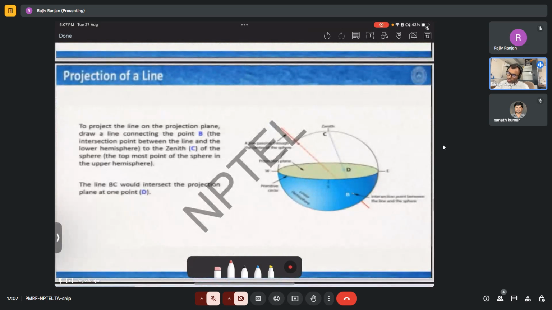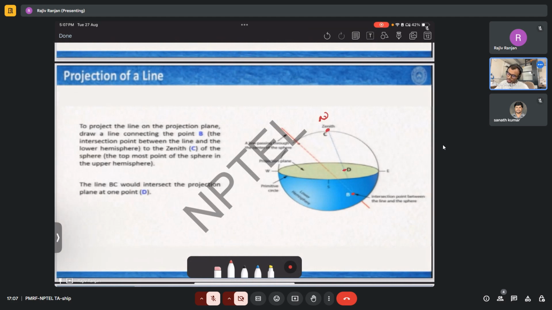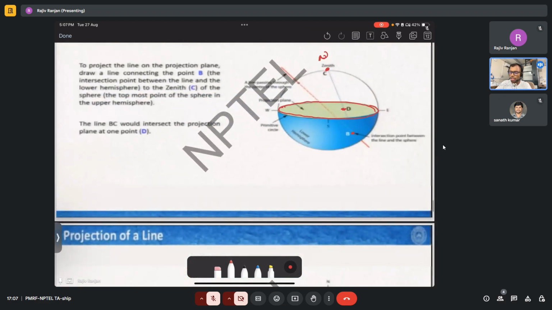Now what we do is try to join this point B to the zenith, the top of the sphere, the north top. The point at which this line intersects the projection plane will be the representation of the lineation on a stereographic projection.